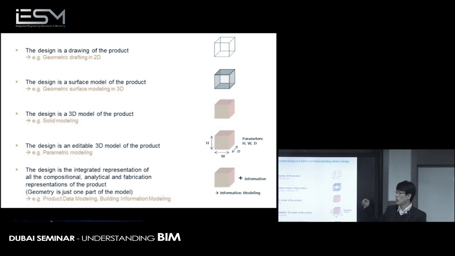In other words, the window size is going to be changed, while the frame size is going to be the same, even if you put in 2 meter height or 1 meter height. But if you change the height using 3D Studio Max, the frame size and frame thickness are all going to be changed too, because that is just geometry, not a window object. That is parametric modeling anyway.